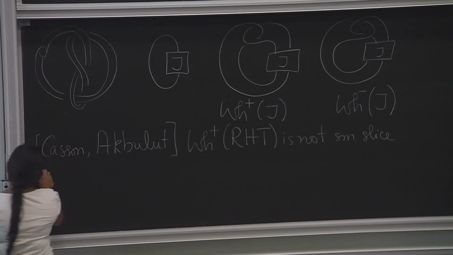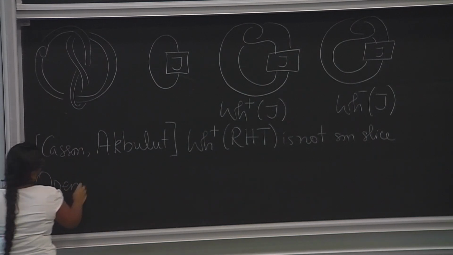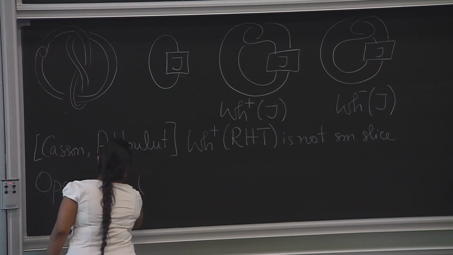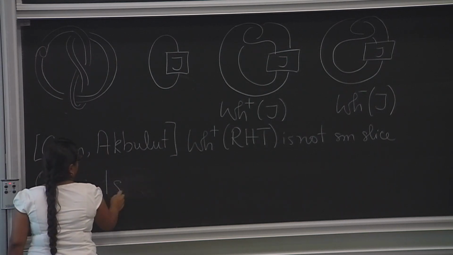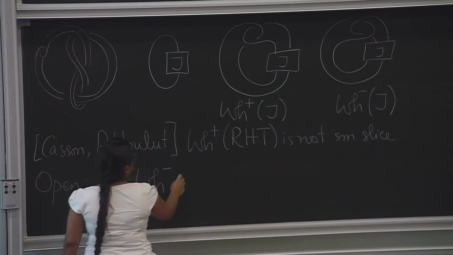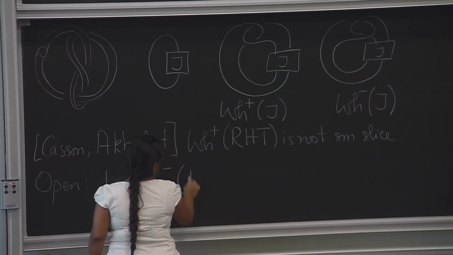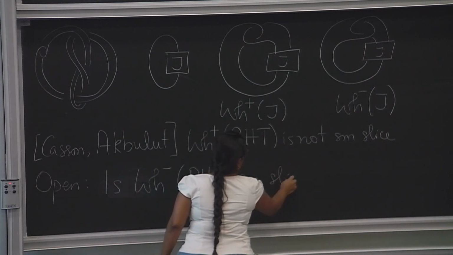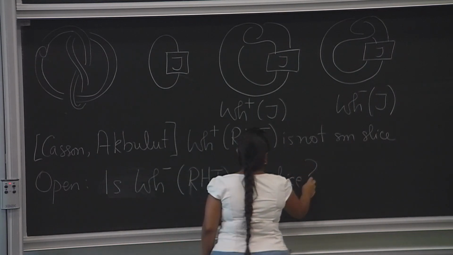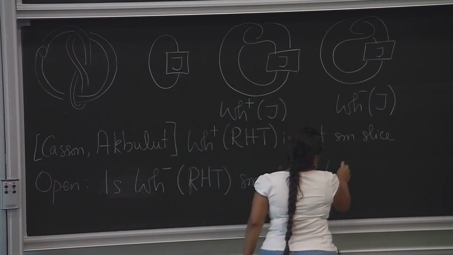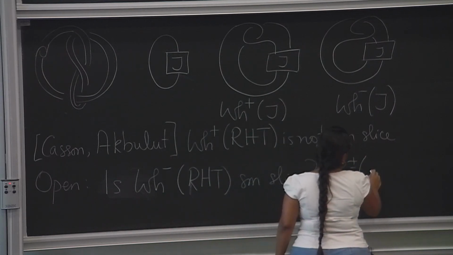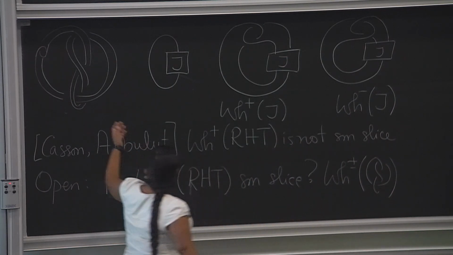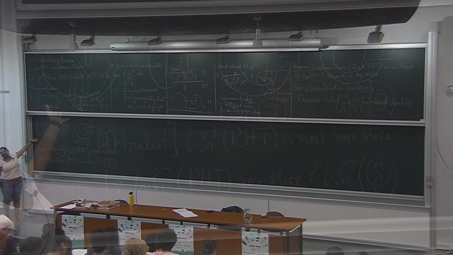And it's completely open whether the negative Whitehead double of the right-handed trefoil is smoothly slice, or either Whitehead double of the figure 8 knot. So this knot, smoothly, we have no idea.